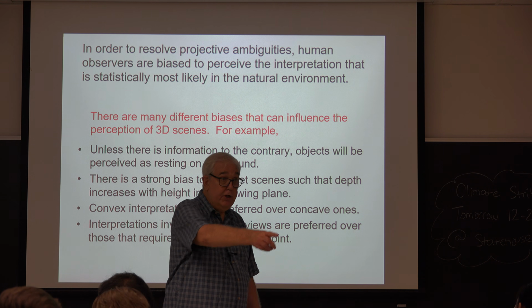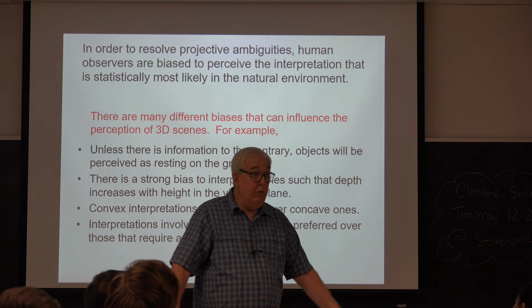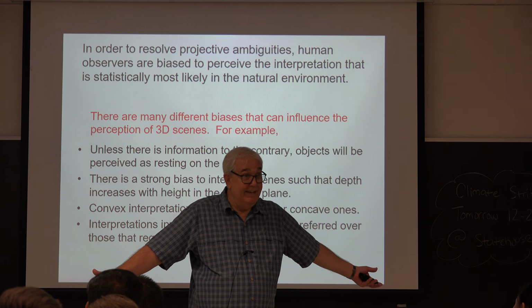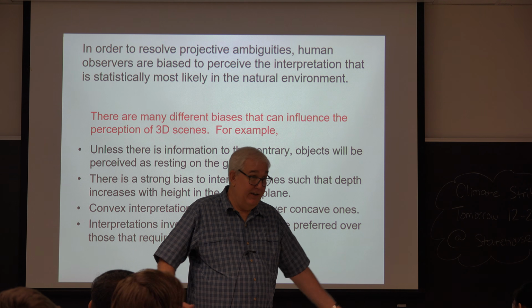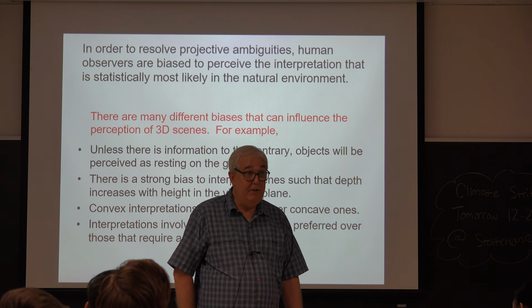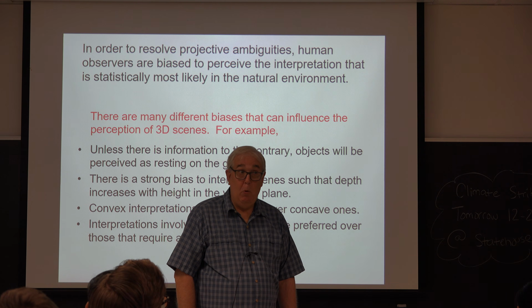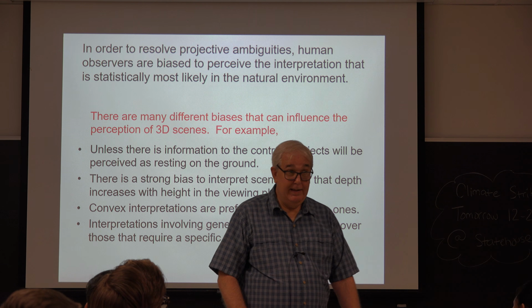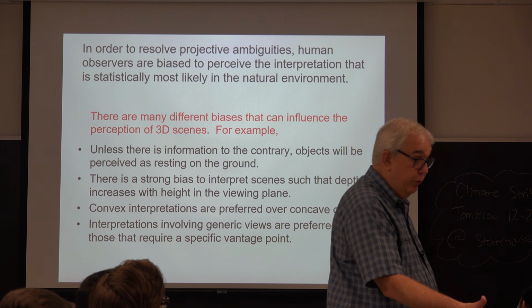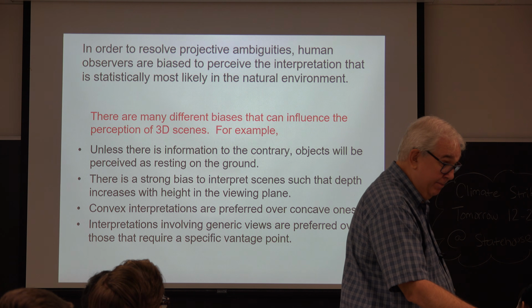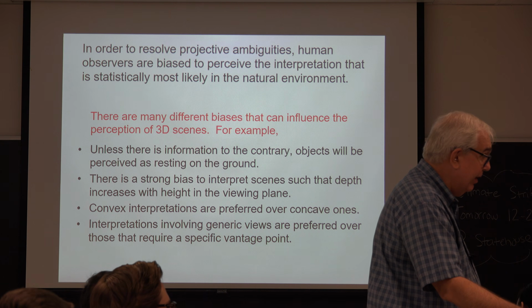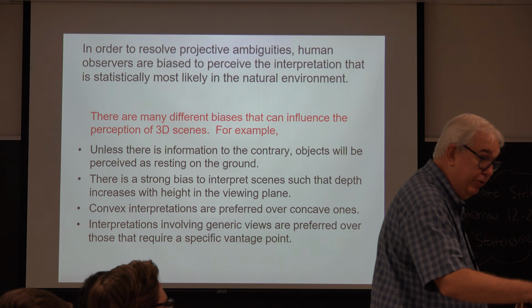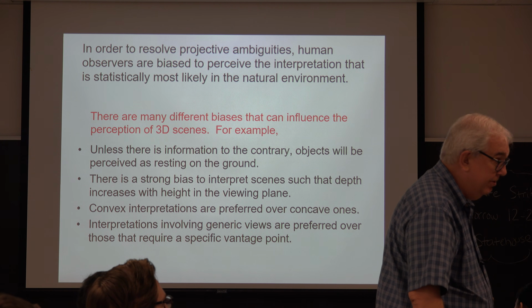So let's pick on you this time. You have a choice in interpreting this scene. I can be 6'2" Professor Todd, standing about 7 feet away from you, or I could be 6'2" Professor Todd, hovering in midair about this distance away from you, both of which would produce exactly the same optical projection.